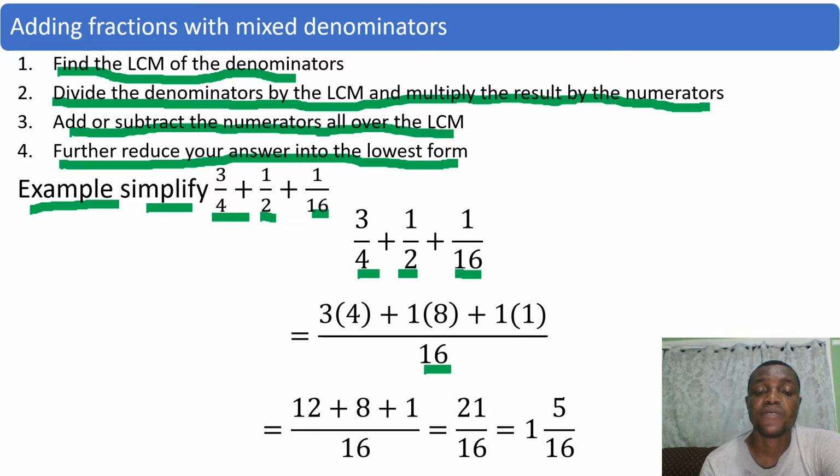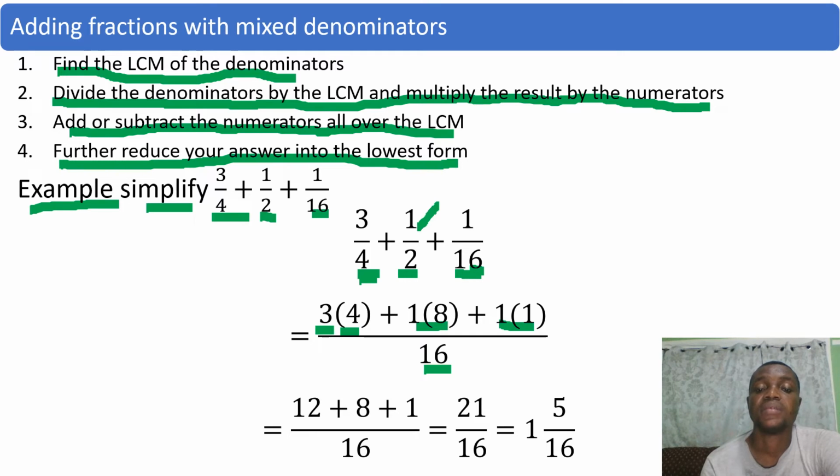16 divided by 4 will be 4. So 4 times 3. Then 2 goes into 16 eight times, so this numerator 1 is times 8, which is 1 times 8. 16 goes into 16 once, so 1 times 1.